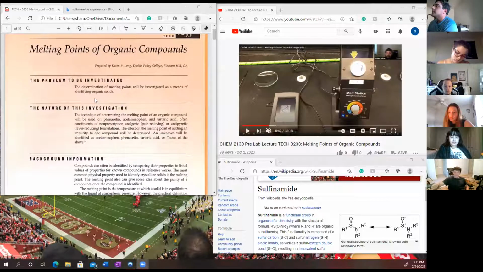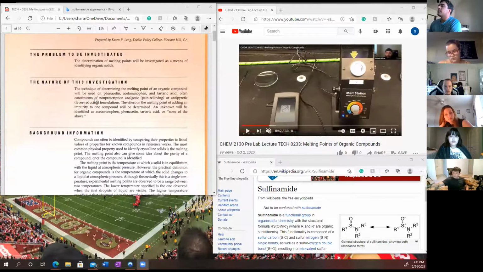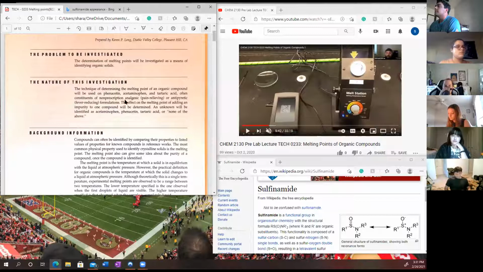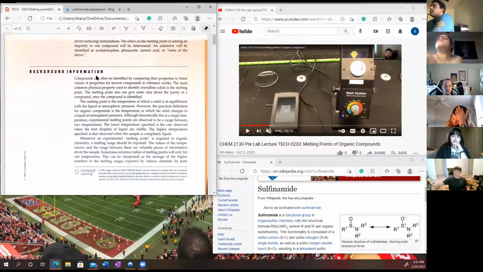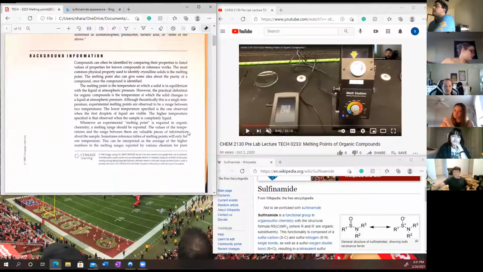Today we'll be investigating how to identify organic solids using melting point, but you're only going to be doing one organic solid versus several of them. This first paragraph is talking about what you're going to be exploring, some background information.